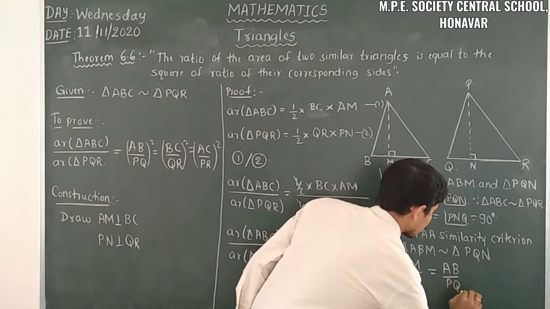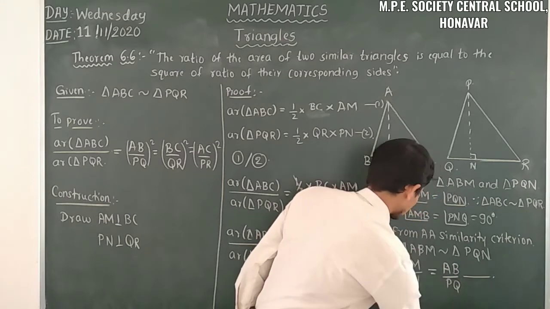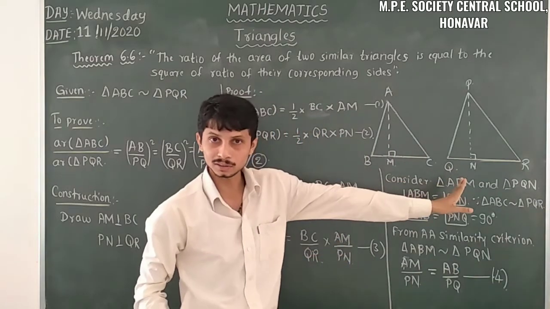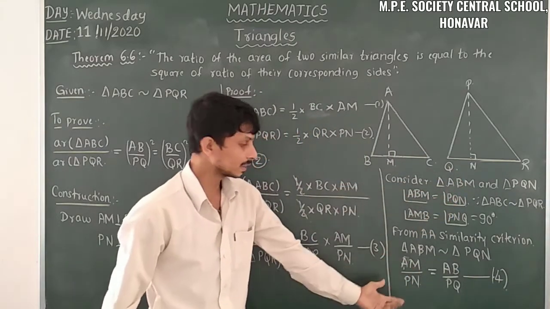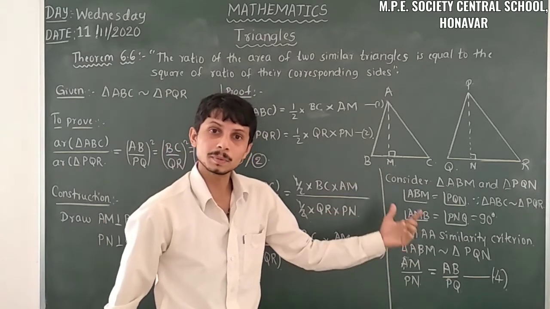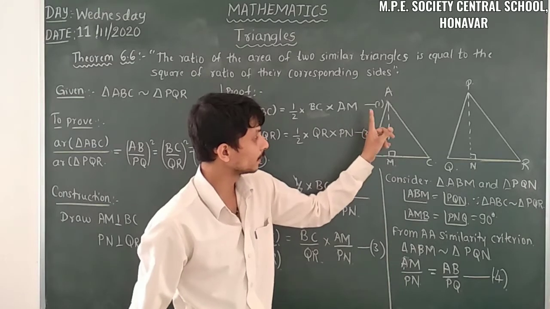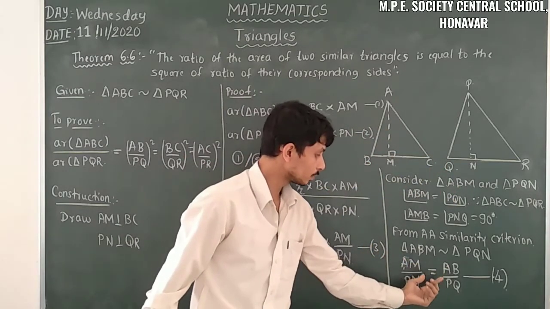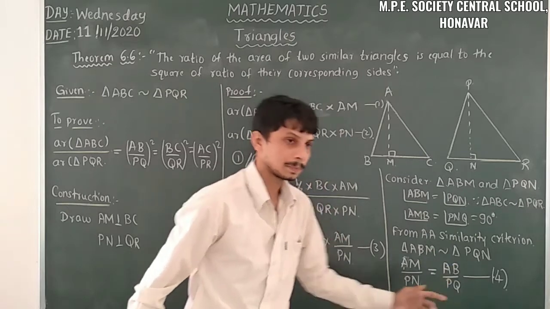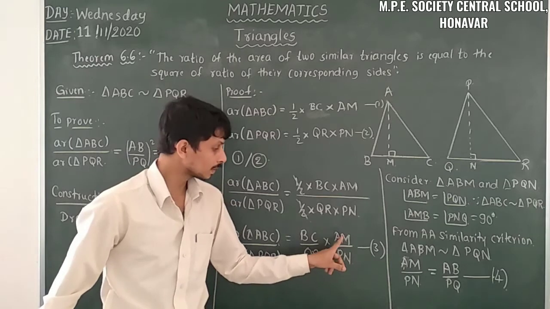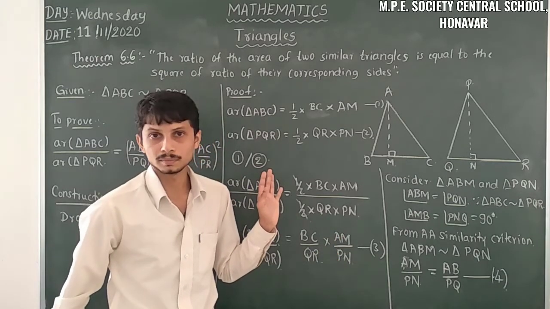I will take this as equation number 4. Also we can take BM by QN, but here it is enough because we want one part of the complete triangles ABC and PQR. We know that AM by PN is equal to AB by PQ.